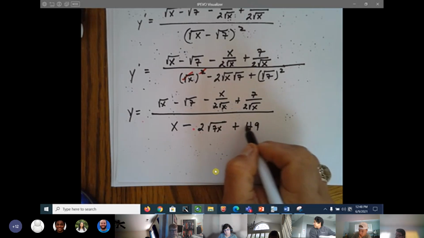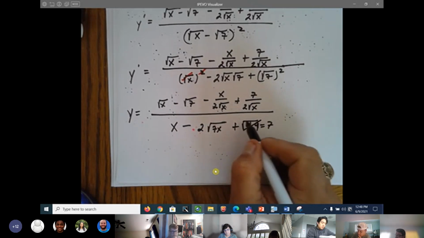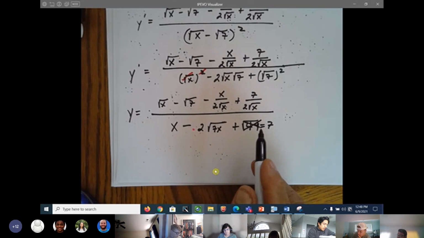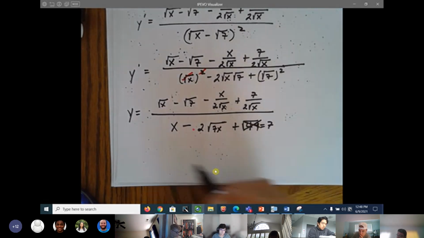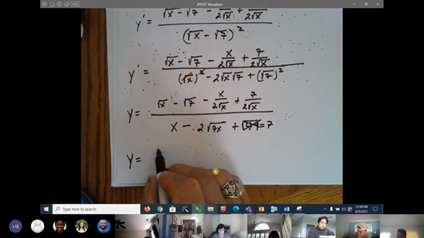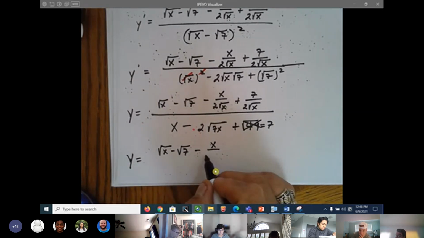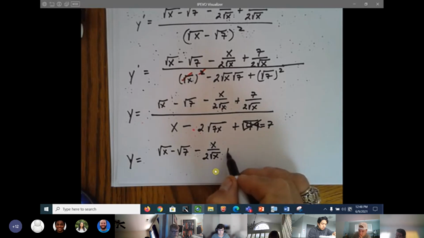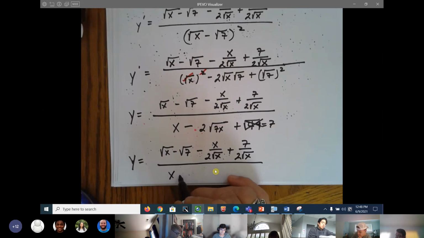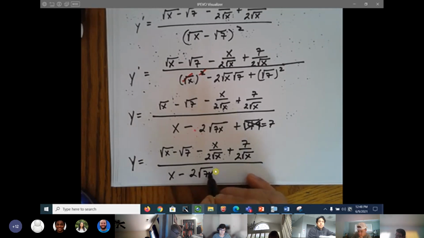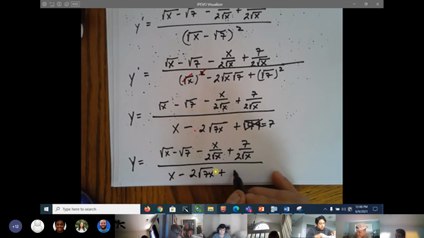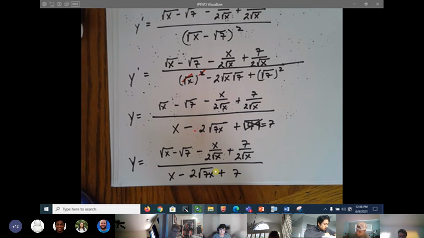I'm sorry, square root of 49, which is equal to 7. So that will be y prime is equal to the square root of x minus square root of 7 minus x over 2 square root of x plus 7 over 2 square root of x, all over x minus 2 square root of 7x plus 7. And I'm not seeing it.